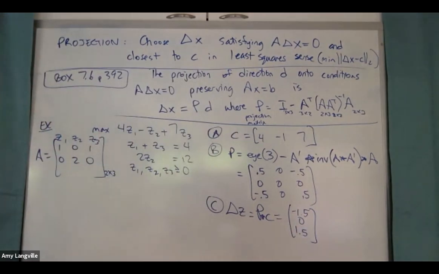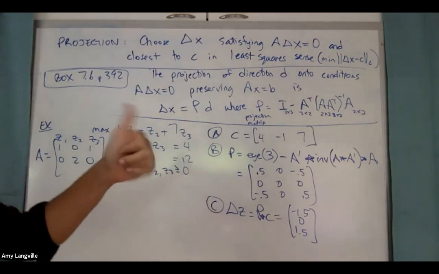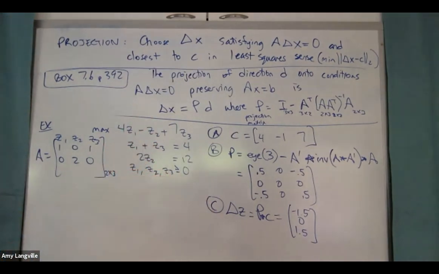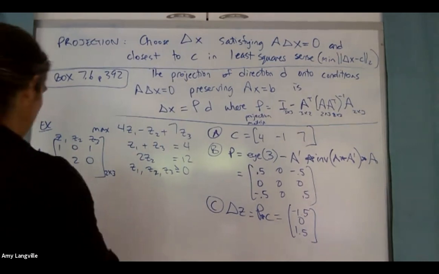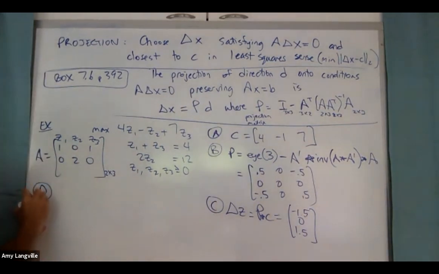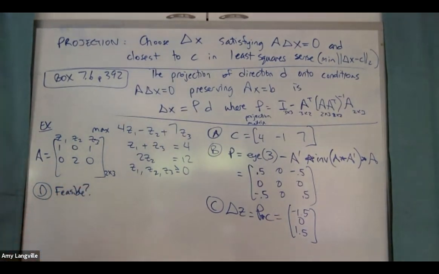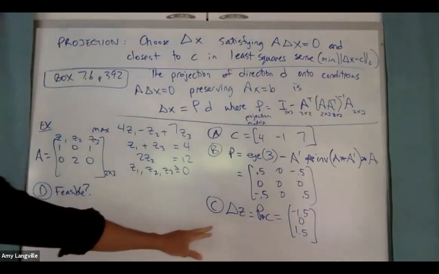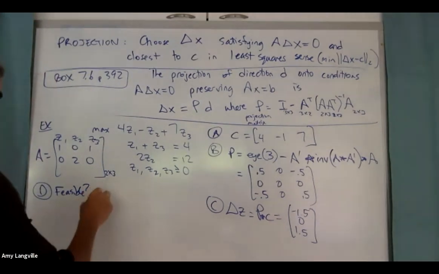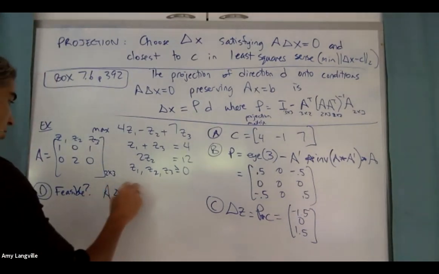And then in part D, they say verify that this actually is improving and feasible. All right, so how do you check if it's feasible? You show that A delta Z equals 0, right?